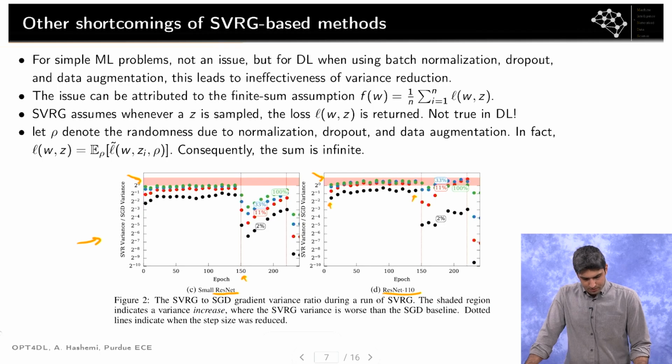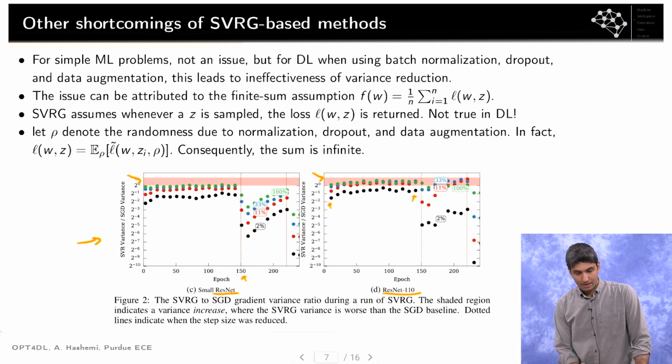Okay, but what's the source of the issue? So I want to argue that the issue can be attributed to the assumption that we made, on the fact that we assume the loss function has a finite sum structure.